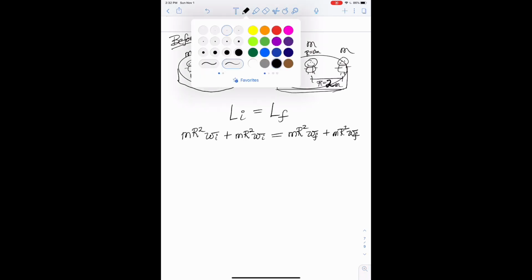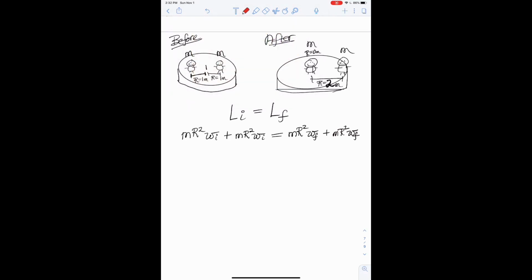But we just said over here that this R is, yeah, we'll just go ahead and put some values in. So we have m times 1 meter squared times omega i plus m times 1 meter squared times omega i is equal to m times 0 meters squared times omega f.